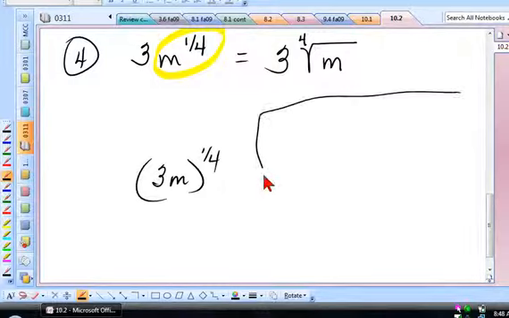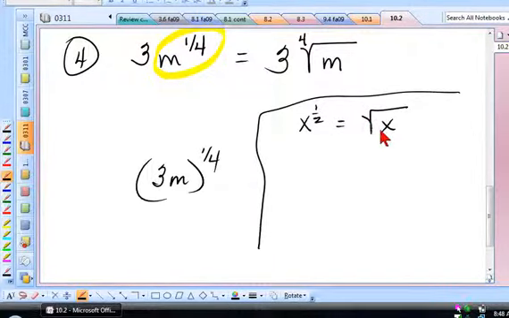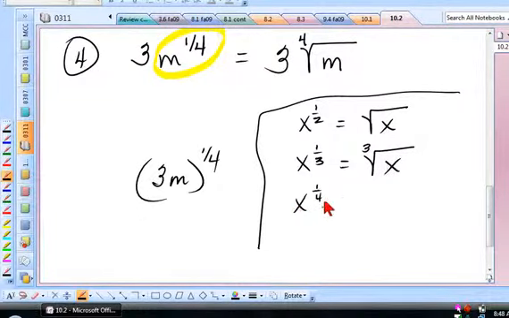So let's say something. If I have x to the 1/2, it's the square root of x. I don't write the index of 2. If it's x to the 1/3, it's the cube root of x. If it's x to the 1/4, it's the 4th root of x.